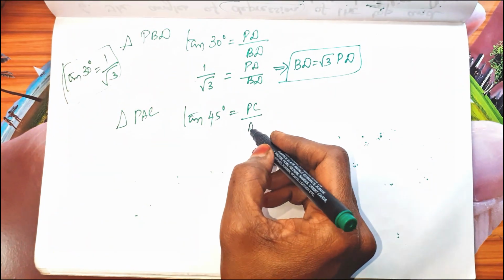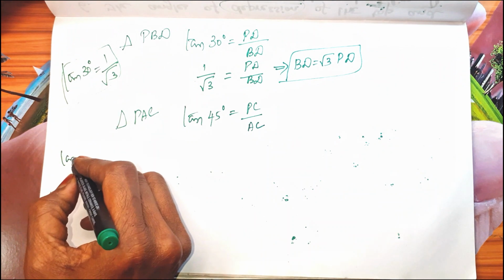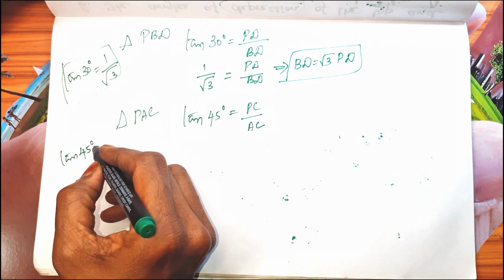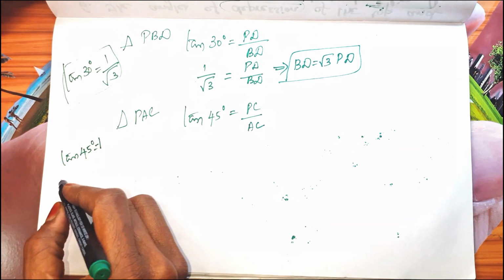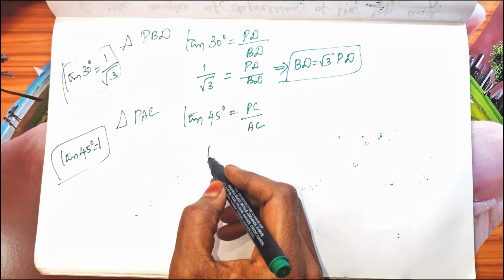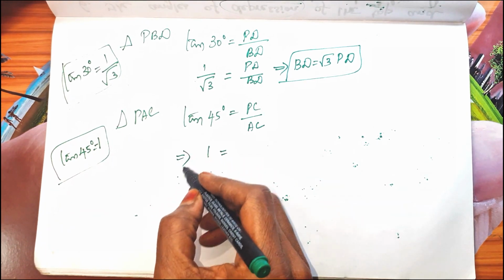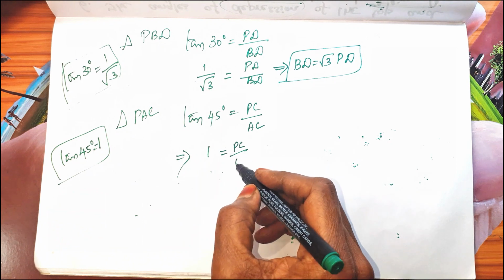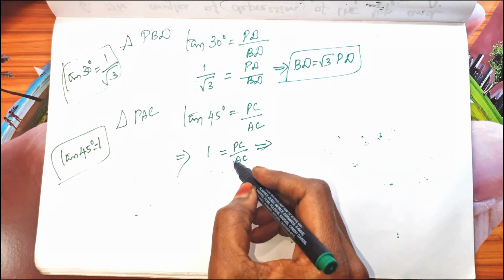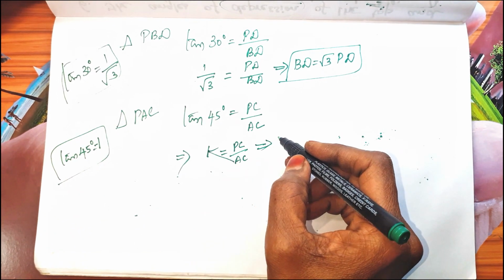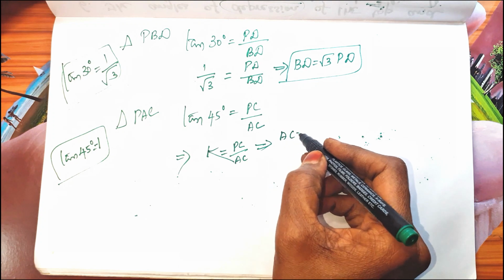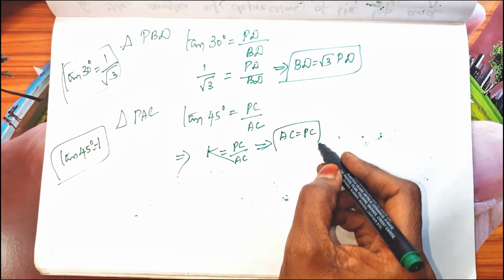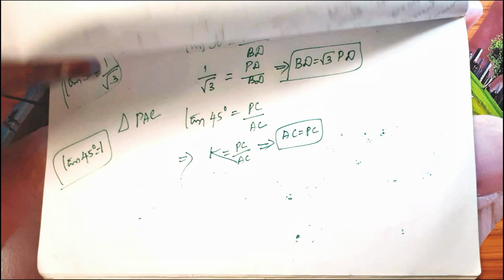So opposite side by adjacent side. What is the value of tan 45 degrees? It is 1. Therefore 1 is equal to PC by AC. Cross multiplying, we get AC equal to PC. So AC equals PC.